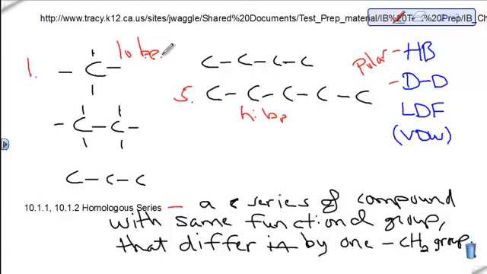Agreed? Very simple. How about this question? Which in this series will be the most volatile? Volatile means evaporative. Which one will evaporate the easiest? The first one. Why? Weakest intermolecular forces. Do you understand how that works? It's a very simple concept.